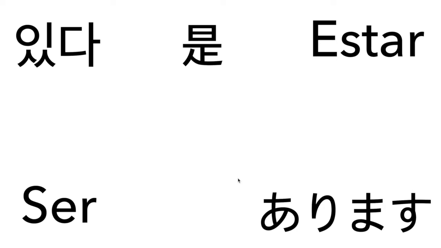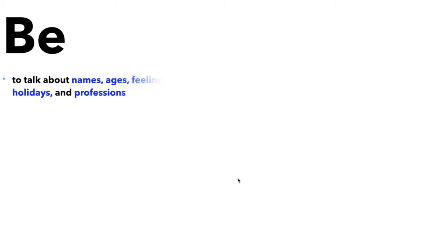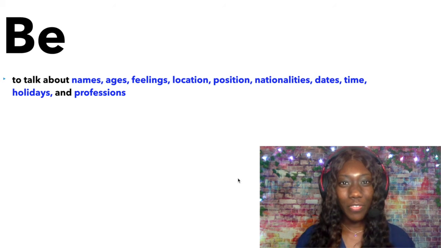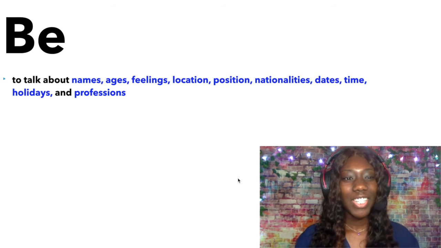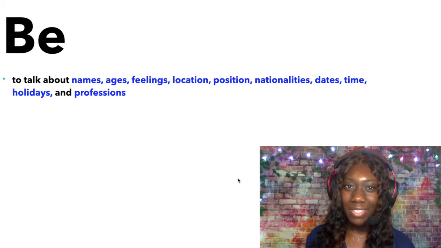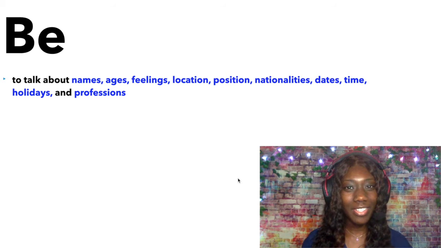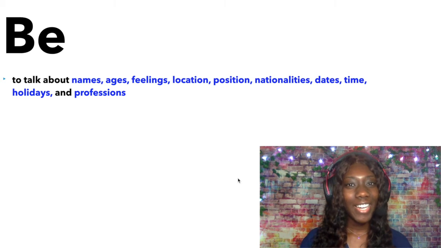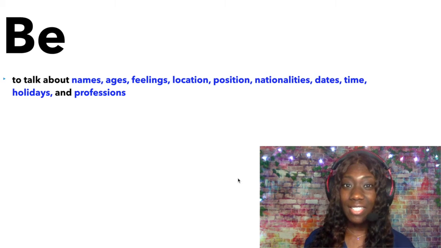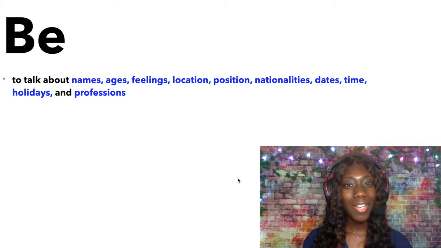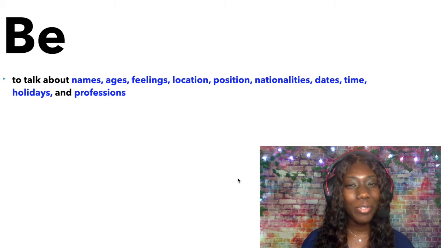What is the verb to be? So many different things. So let's take a look. We use the verb be to talk about names, ages, feelings, location, position, nationalities, dates, time, holidays, and professions.